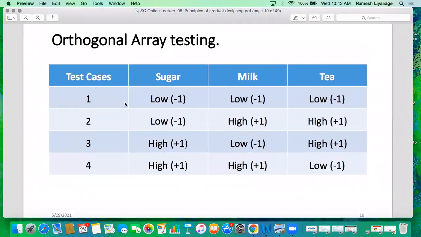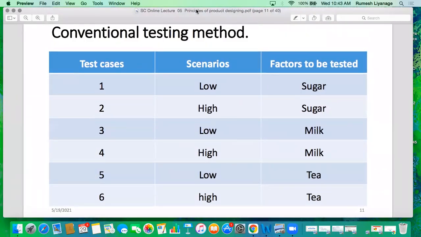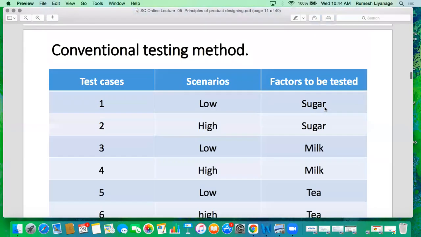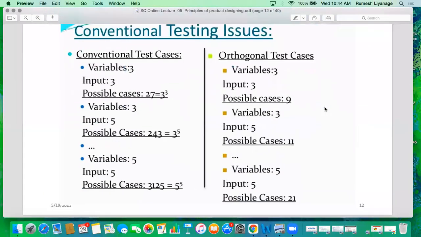You can see 4 test cases should be conducted, but using the same example with the conventional method, which means factorial designs, we have to do at least 6 trials. That is the difference in orthogonal designs. Here you can see a comparison of conventional methods and orthogonal test methods.